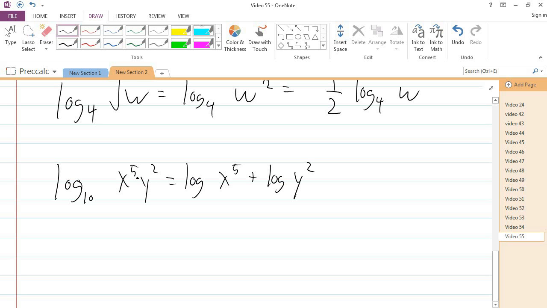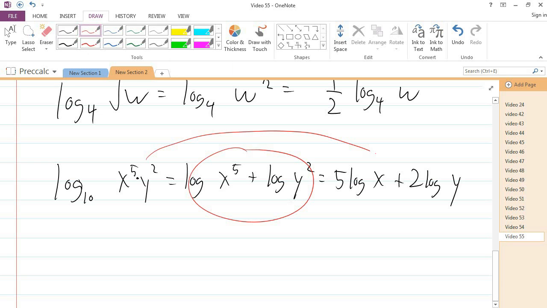And then because this is x to the 5th and y to the 2nd, I can move those exponents out in front of the log. And the good news is once you get used to these properties, you can skip this step and go right to the end, just looking at the problem.